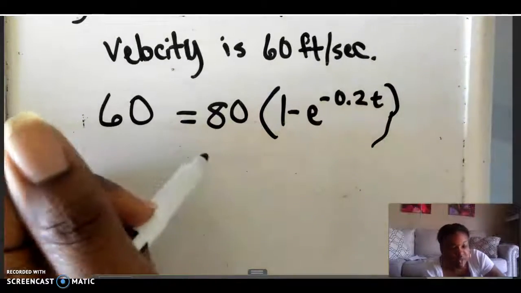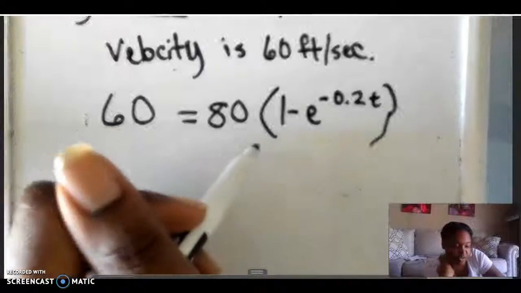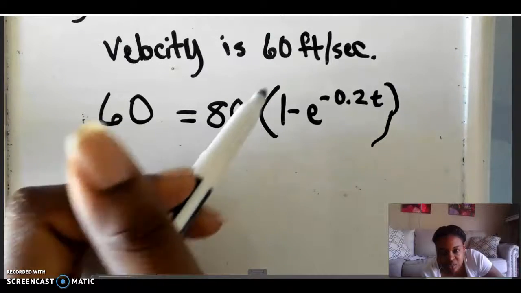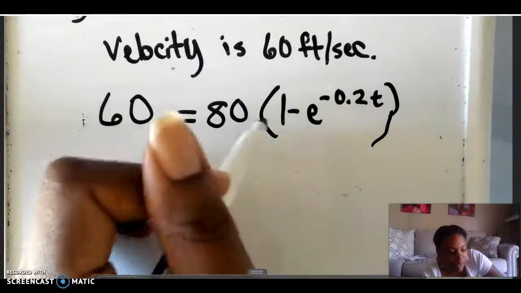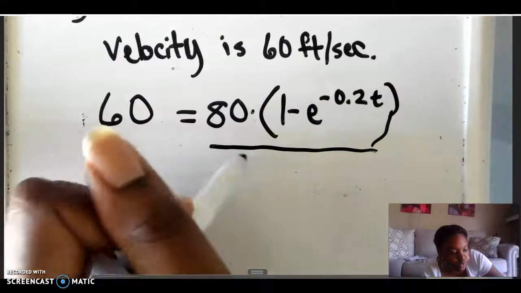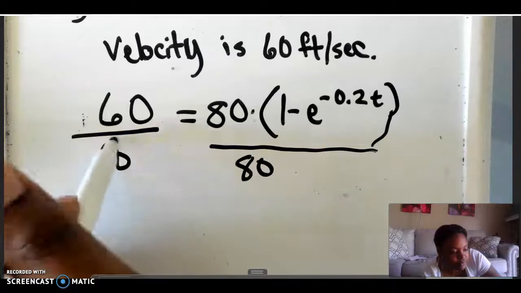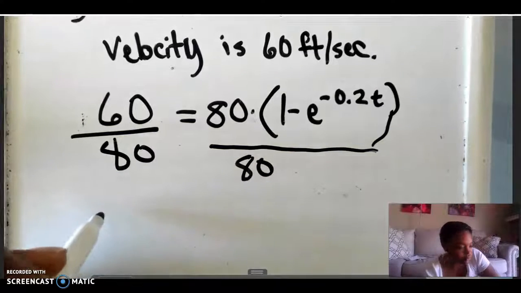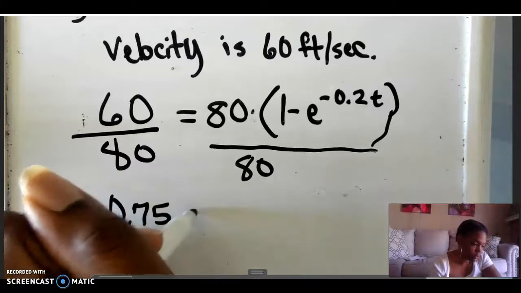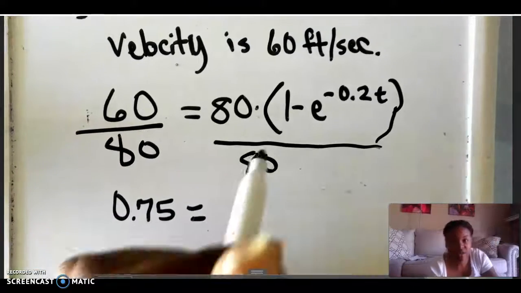Alright, we're going to divide by 80 first, because this 80 next to the parentheses means we're multiplying. So to get rid of the 80, we're going to divide. 60 divided by 80 is 0.75.